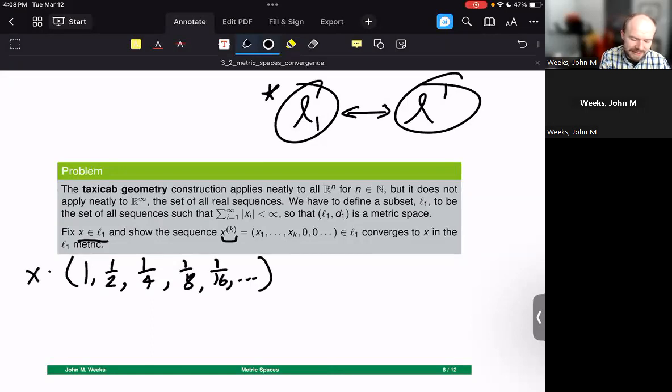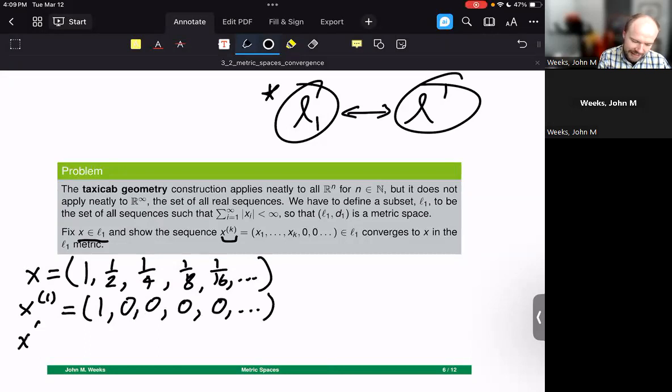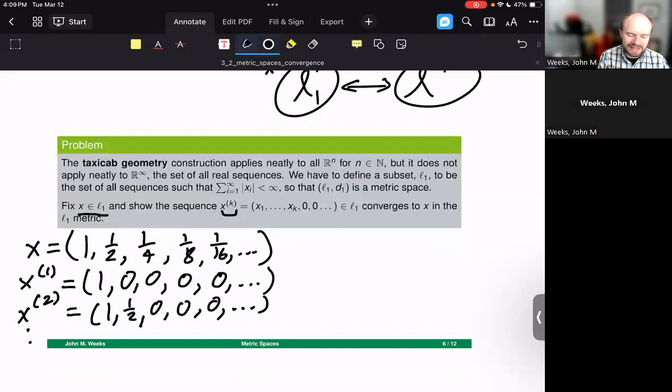Let's say that this is my sequence x. Then the sequence that I'm going to form here, starting with x1, is going to be: just take the first element of that sequence and then give me zeros afterward. Then the second element of that sequence of sequences is going to be the sequence which is 1, 1/2, and then zeros onward. And then we can continue this process all the way down.